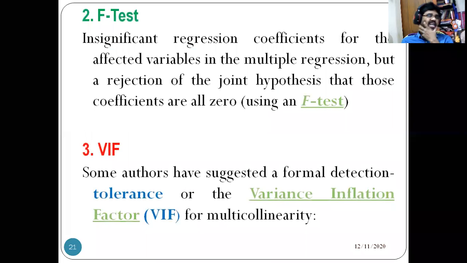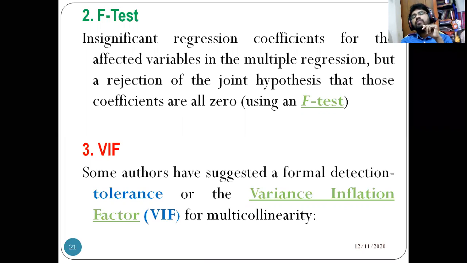Then the F test. When you run a multiple regression, you will get F test values. The signal is insignificant regression coefficients for the affected variables in a multiple regression, but a rejection of the joint hypothesis that those coefficients are all zero using the F statistic.